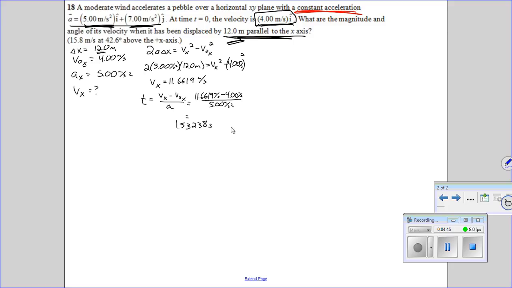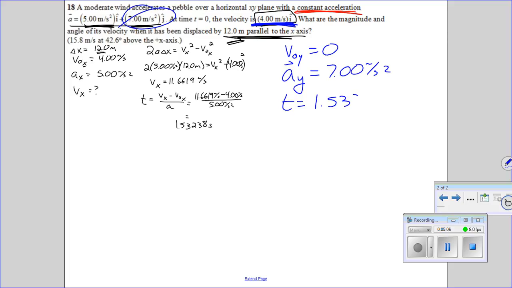So vertically, here's what I know. I know that my V0y was 0, right? Because we didn't start out with any vertical motion. I know that my acceleration vertically is 7 meters per second squared, and I know that my time is 1.53238 seconds, so I can use this guy.